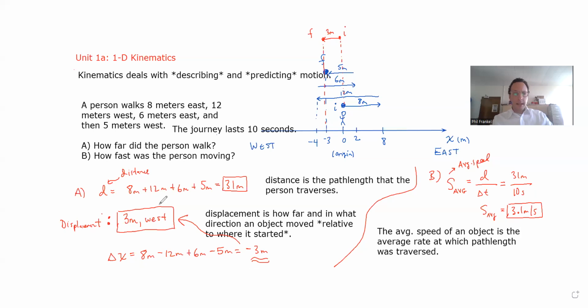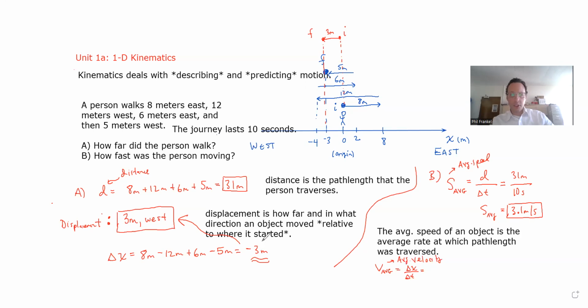Okay, is there another way to address how fast the person was moving? There is. We can also talk about the average velocity of an object, v average. You can find the object's average velocity, you might have guessed this, by dividing the displacement, or in this case, the change in the x-coordinate, by the change in time.